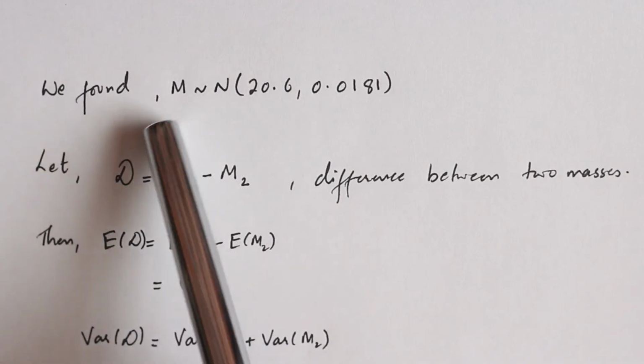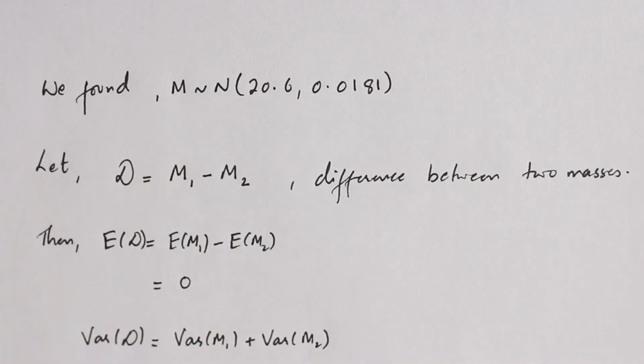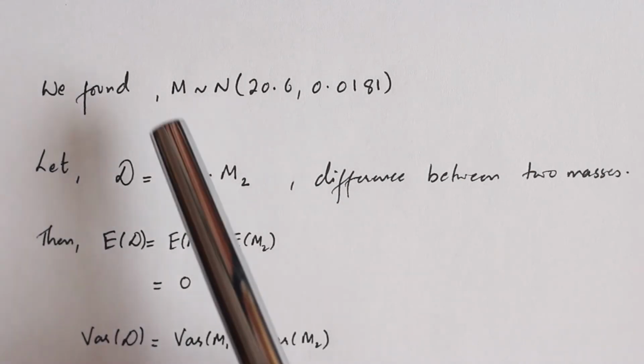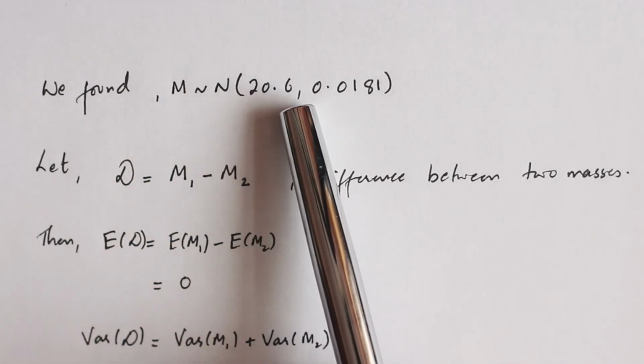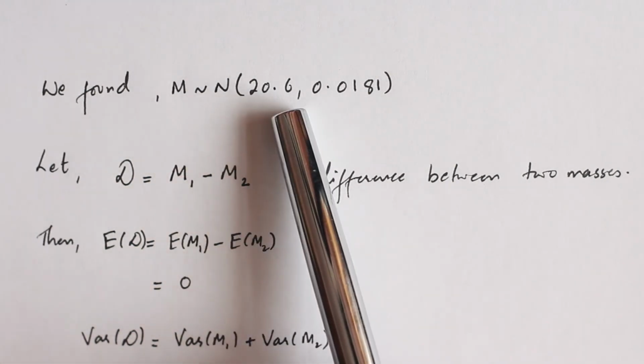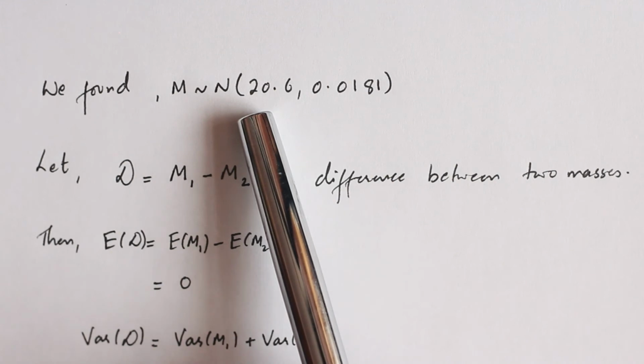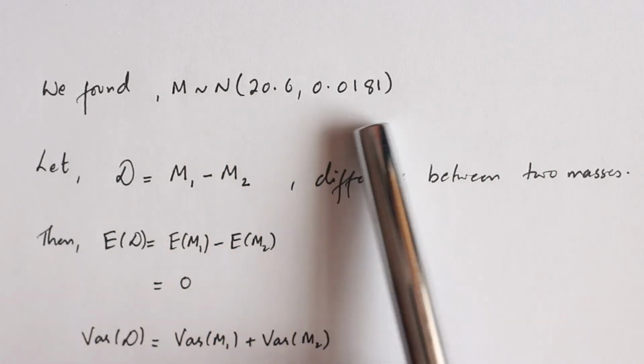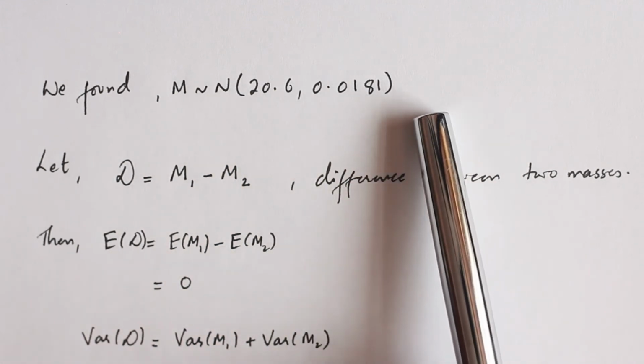Okay, let's move to the second part of the question then. We have to find the probability that the masses differ by less than 0.02. Now, because we know that M is normally distributed with these parameters here, a mean and 0.0181 as a variance.